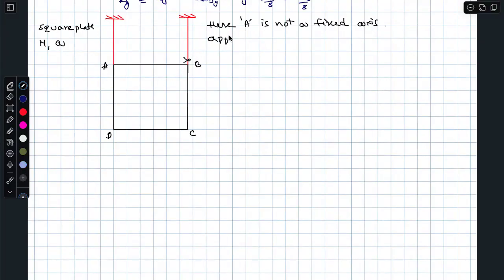Apply the torque equation about the center of mass because A is not a fixed axis. You apply this about the center of mass.